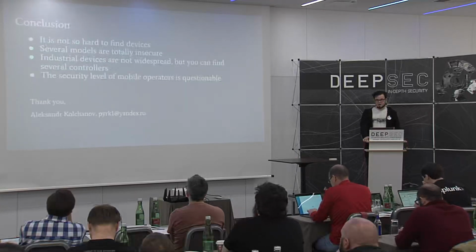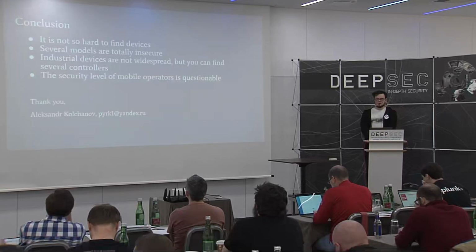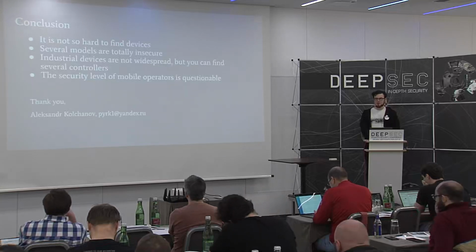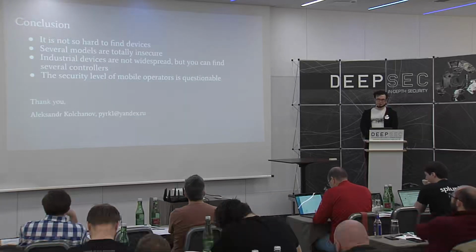So, we have a small conclusion. Firstly, it is not so hard to find the device. And it means that if you can find this device, you can use the different vulnerabilities, because several models are totally insecure. A lot of models are insecure enough for hackers.